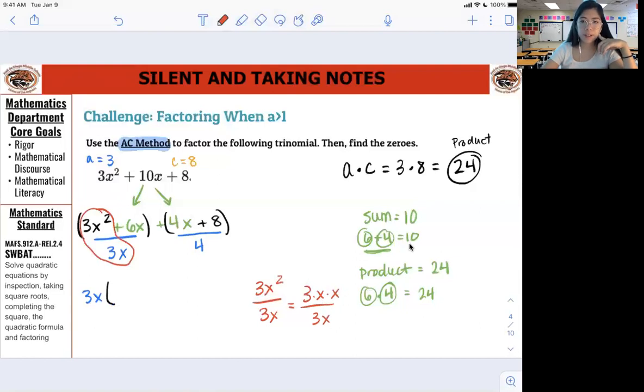So if I start crossing things out, my 3's cancel out, one of the x's cancel out, and what am I left with? And one single x all by itself. So that's why 3x squared divided by 3x leaves me with x. Does anyone have any questions on that? Okay.